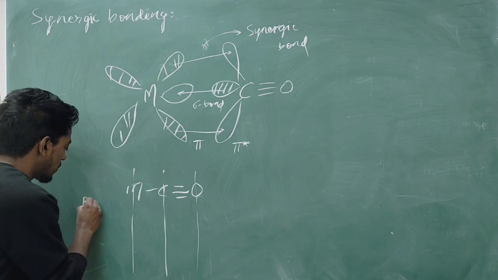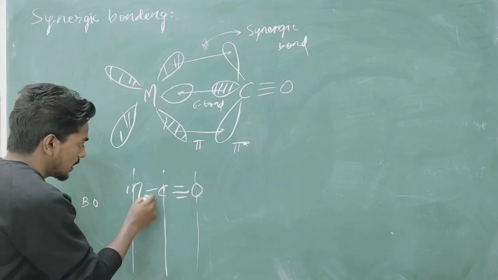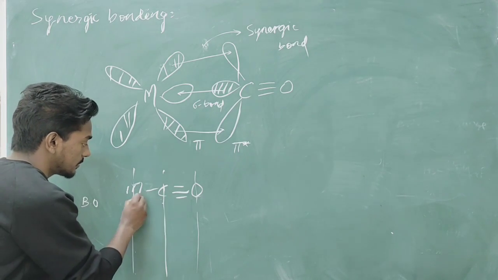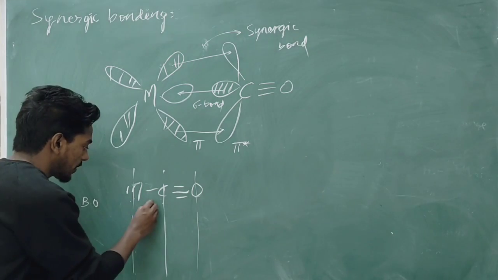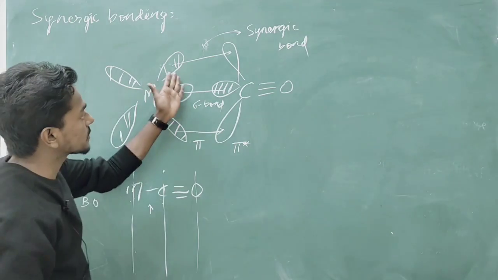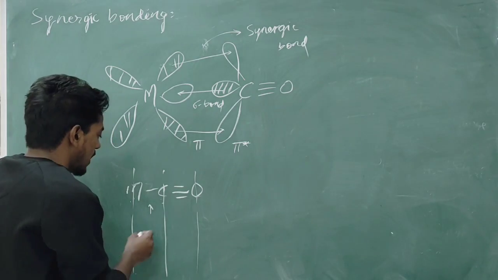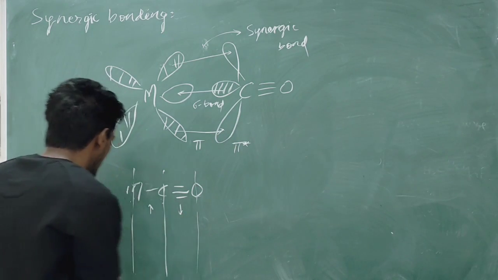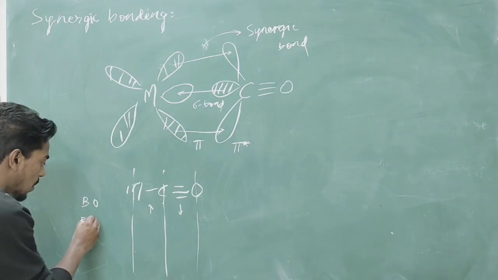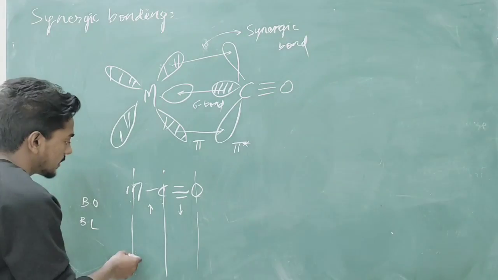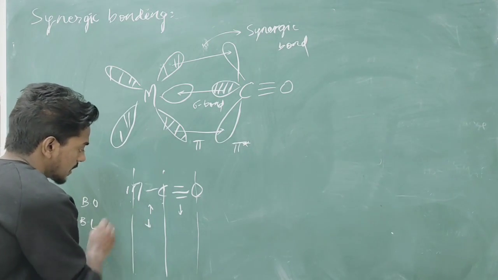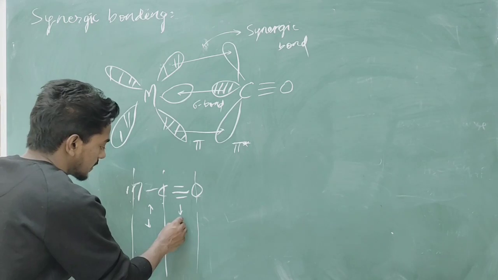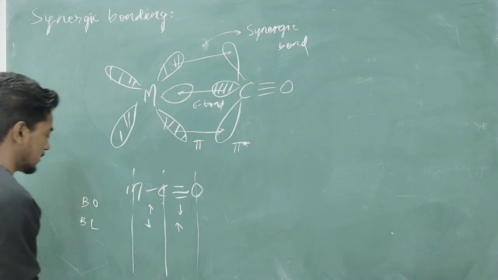The bond between metal and carbon, its bond order increases due to the formation of an extra bond, and the bond order of carbon and oxygen decreases. So what will be the bond length? If bond order increases, bond length decreases, and if bond order decreases, then bond length will increase.